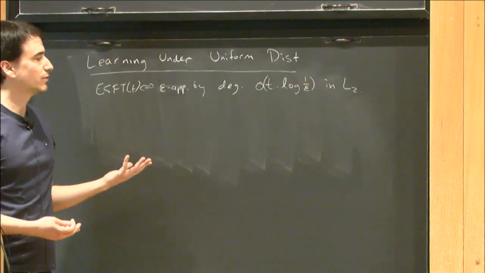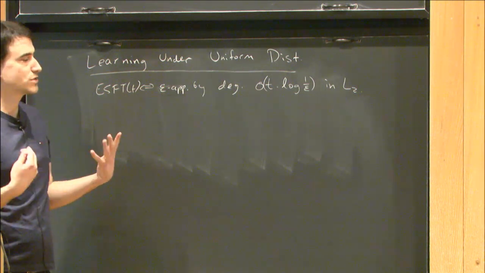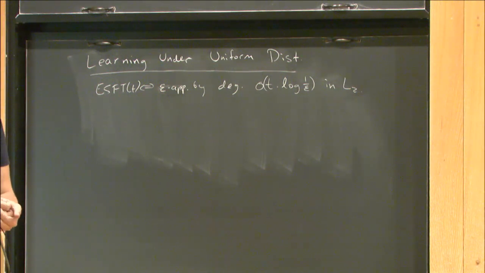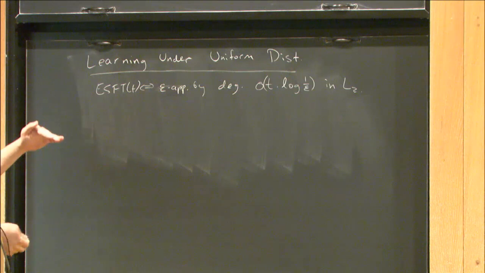In particular, most of the Fourier mass lies on the first t log 1 over epsilon layers in the Fourier expansion.